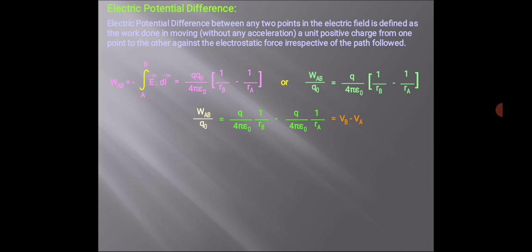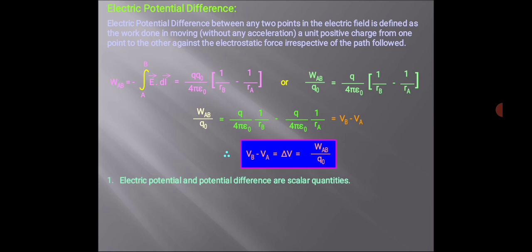That is equal to VB minus VA. So whatever work is done to move the charge from A to B is equal to the difference in potential between those 2 points, that is VB minus VA. Therefore we can write VB minus VA, that is delta V, is equal to WAB upon q naught.